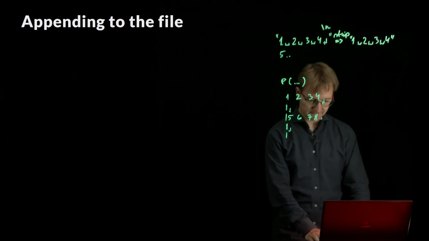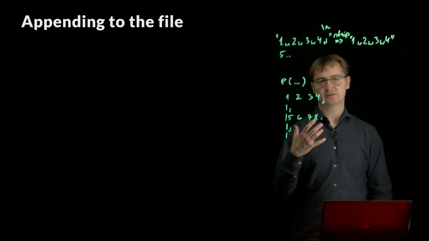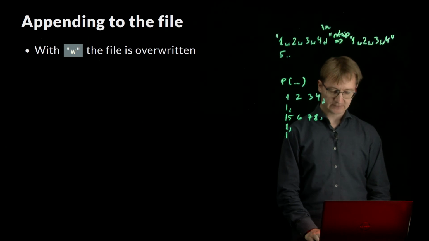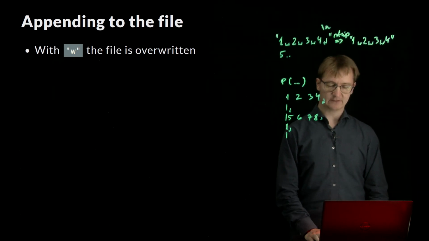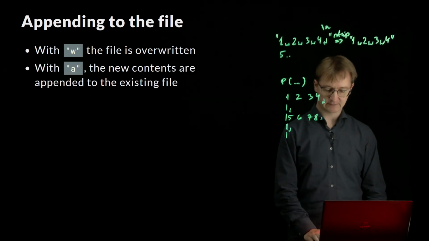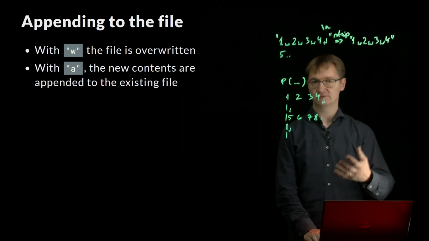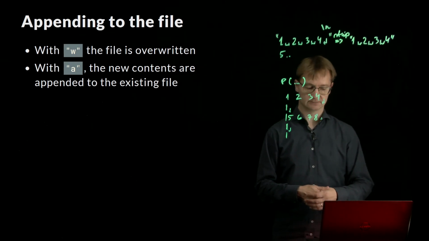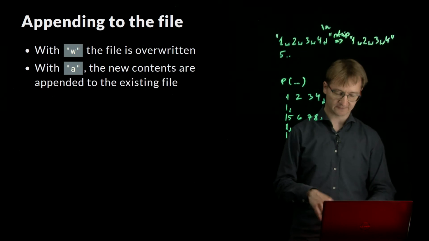Yes, the same example. So now we saw how to read a file and how to write into a file, but if we use this w, the file is always overwritten. If we want to add new information into the file, we can use the a or append argument when opening the file.